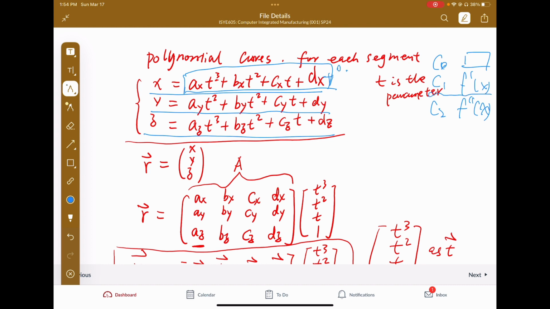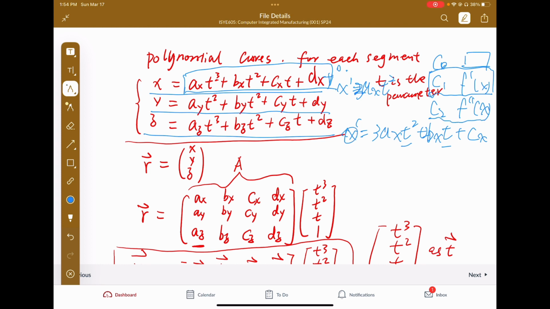We take one derivative. For x as the example, we have 3ax t squared plus 2bx t plus cx. We still have the t component inside, so with changes of t, we can control x.